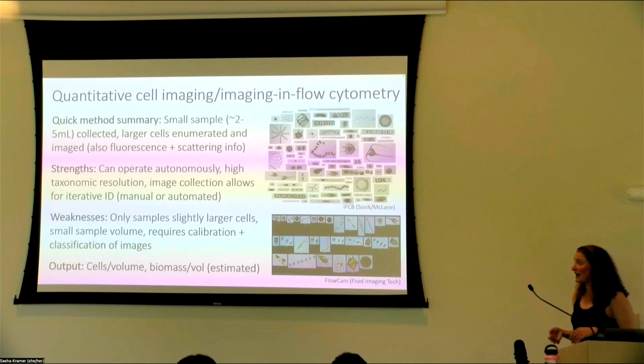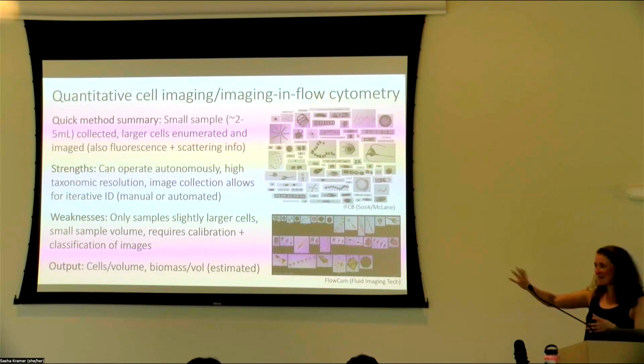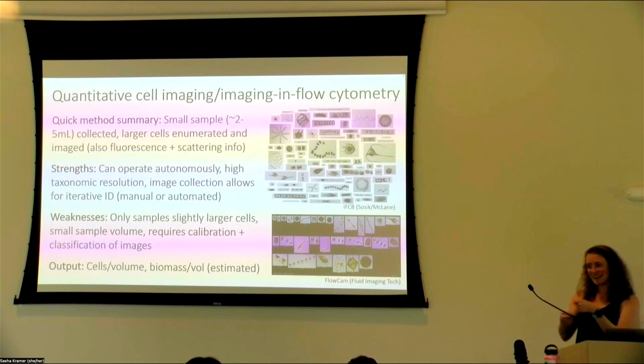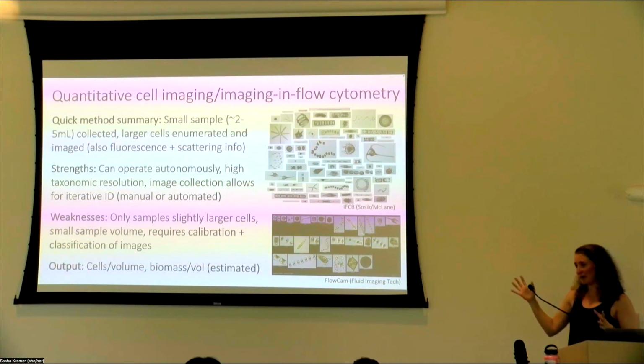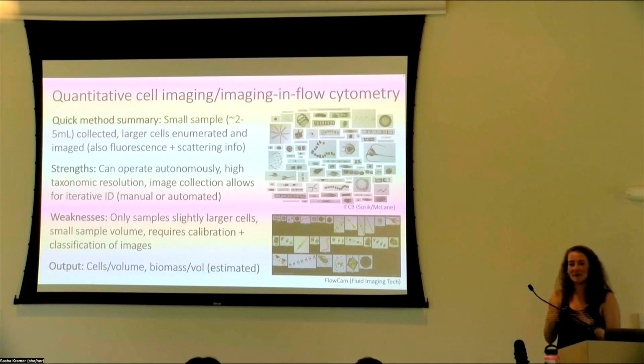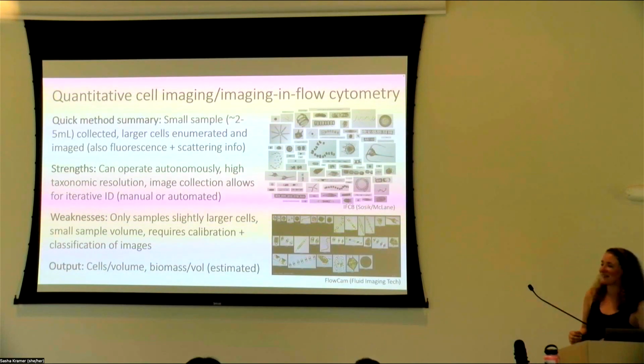And it also requires calibration and to some degree classification of your images. So you all did manual classification the other day when you had pages and pages of images and you were able to cut them out and personally stick them on the wall. But if you had hours worth of data from a week of sampling, let's just start with a week, although people have a lot more data than that from the IFCB, you need to make sure that the different groups that you're identifying, you're going through and training your classifier.